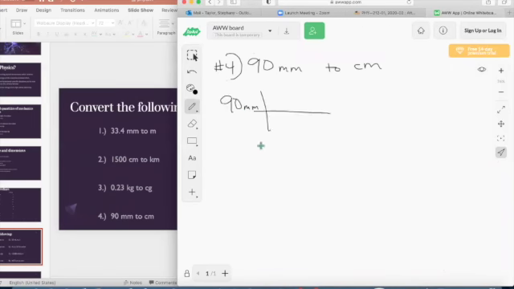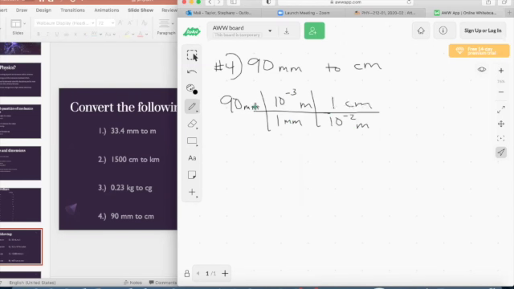Okay, so we know that 1 millimeter is equal to 10 to the minus third meters. And then we know that 10 to the minus second meters is equal to 1 centimeter.